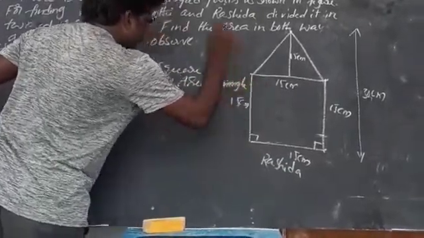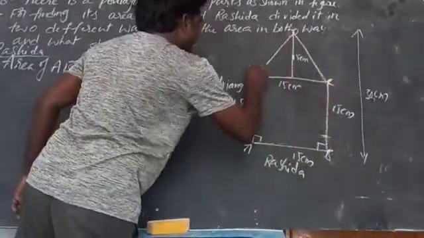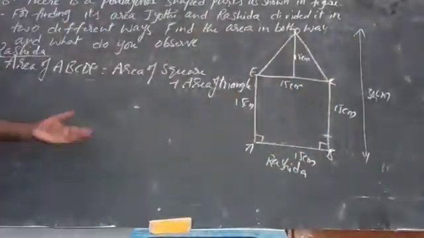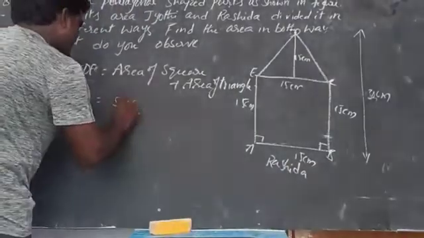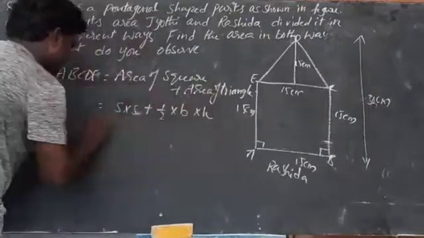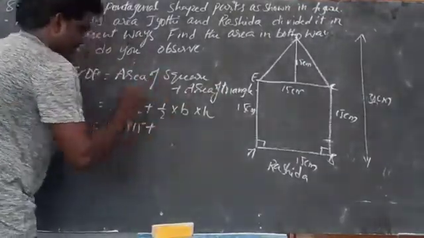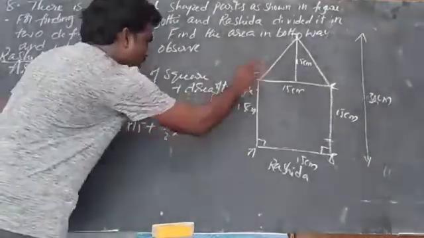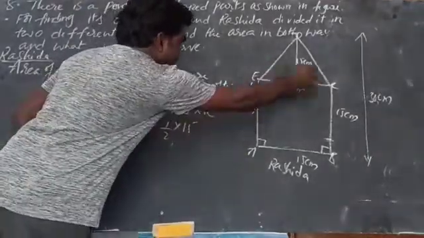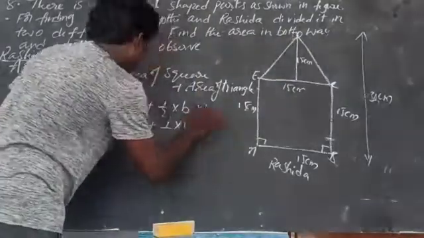Area of square is side into side. Area of triangle is half into base into height. So side is 15, so 15 into 15 plus half into base 15 in this triangle, and height is 15.